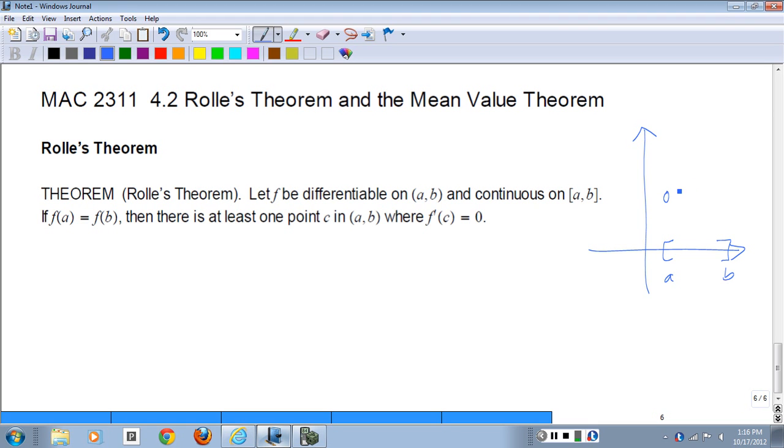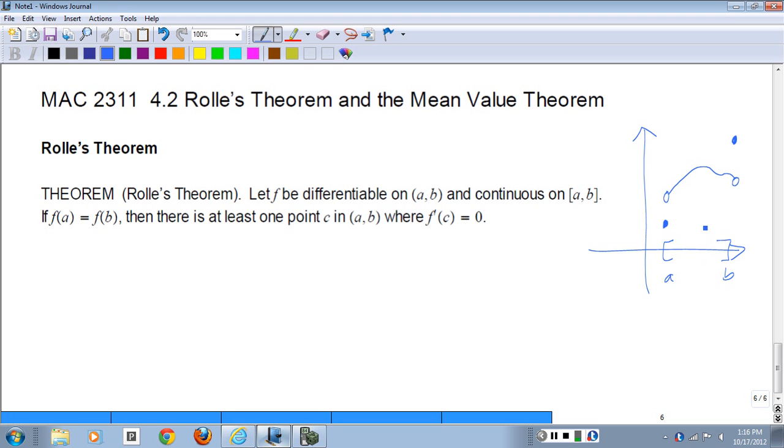You could have this and then a nice smooth curve. But this function is intended to be differentiable on the open interval AB, but it's not continuous on the closed interval AB because it's not continuous from the left at B, it's not continuous from the right at A. It's got to have the right endpoints.